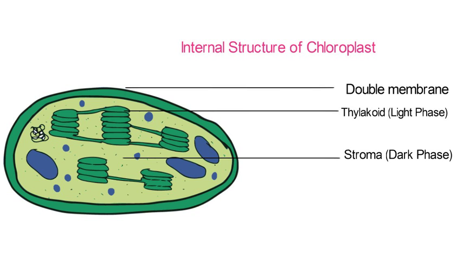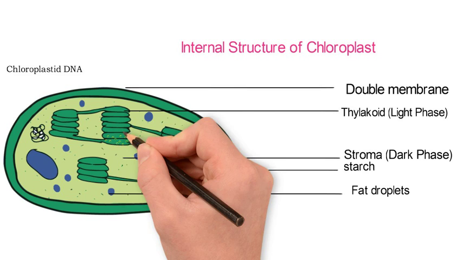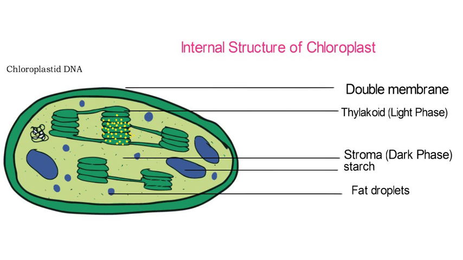Chloroplastic DNA, ribosome, starch and lipid droplets are embedded here, that is, in the stroma. Whereas photosynthetic pigments like chlorophyll, carotenoid, xanthophyll are present within the thylakoid membrane. And stacks of thylakoid one over the other form granum, which are interconnected by thread-like structures called lamella.